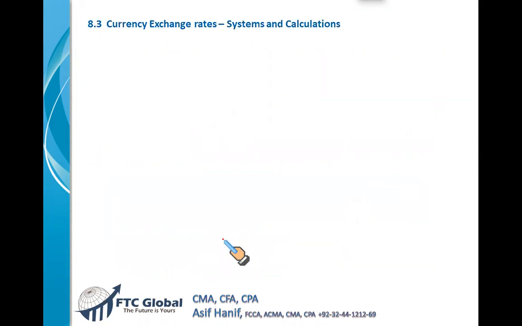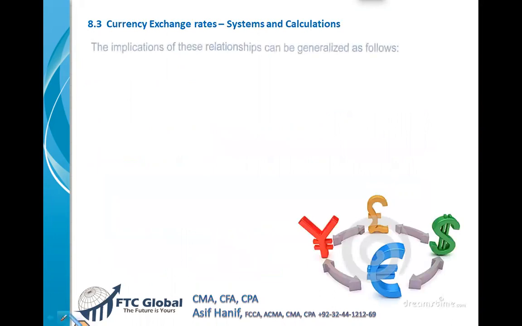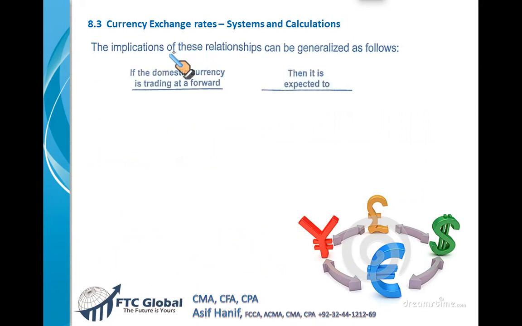So what we can conclude from what we have just done. The conclusion here is given in this slide. The implications can be generalized this way. If the domestic currency is trading at forward premium, like your dollar is trading or pound is trading at a forward premium, that means your currency is expected to gain purchasing power.